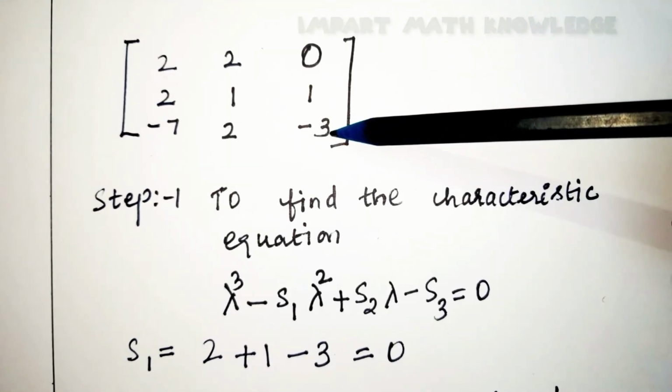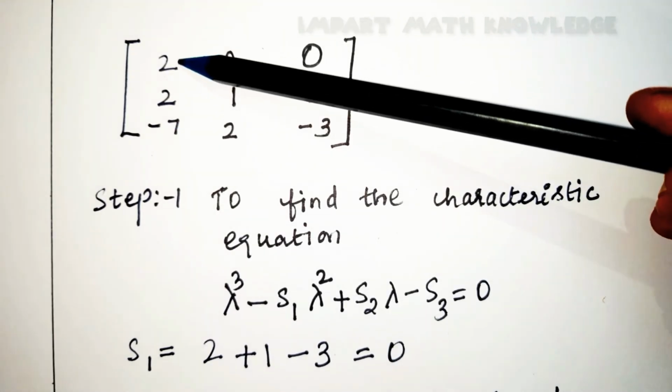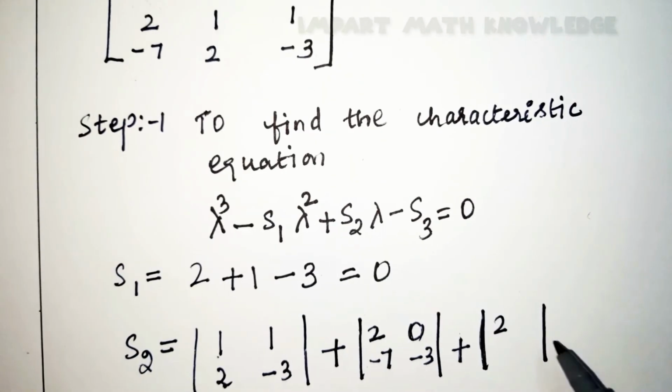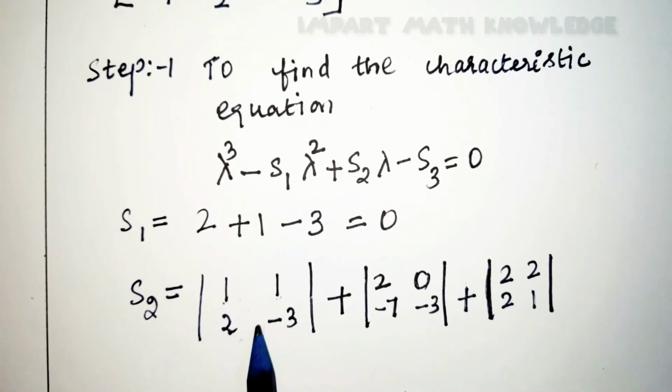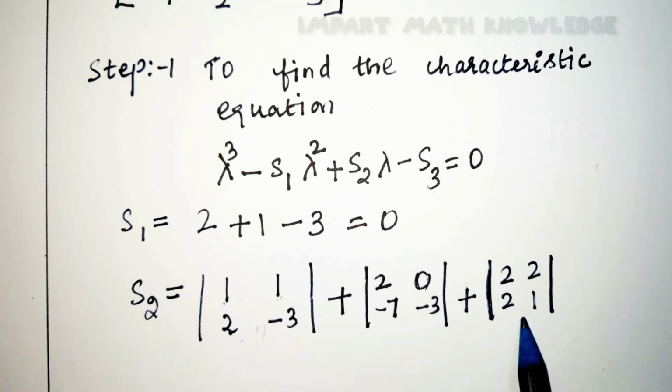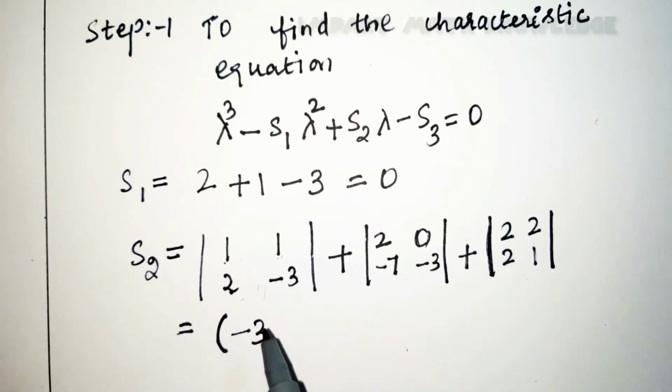For the third diagonal element, the minor is 2, 2, 2, 1. For the first minor, you have to omit first row, first column. For the second minor, omit second row, second column. For the third minor, omit third row, third column.